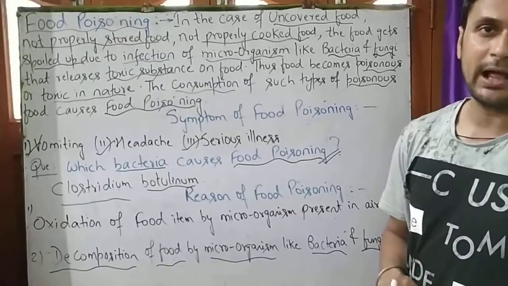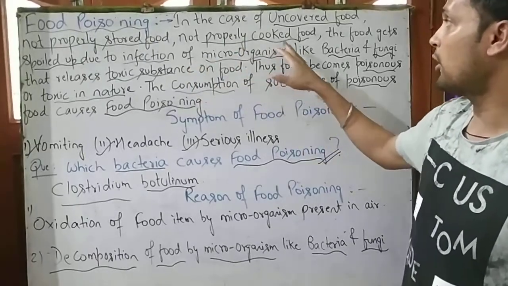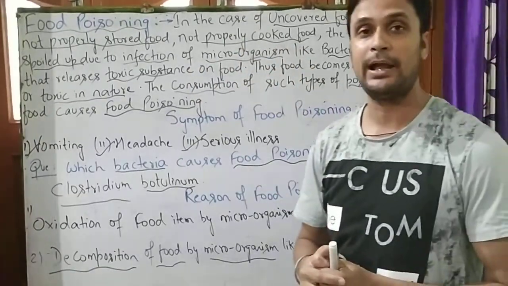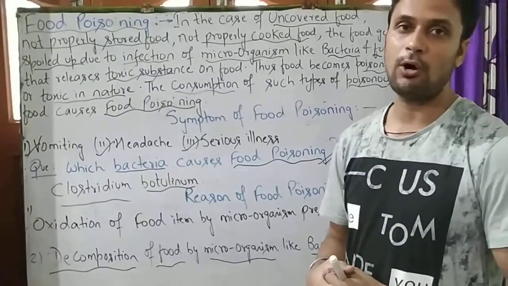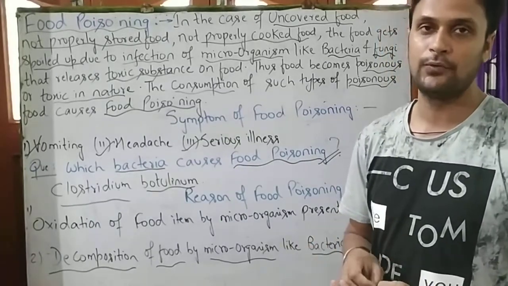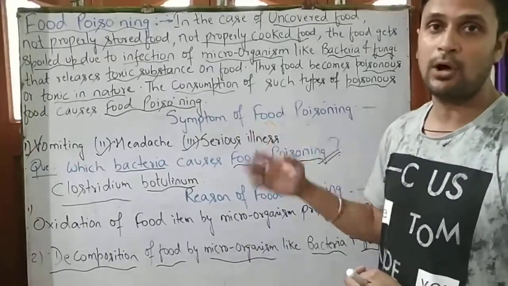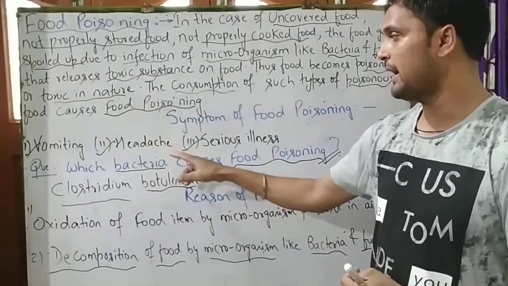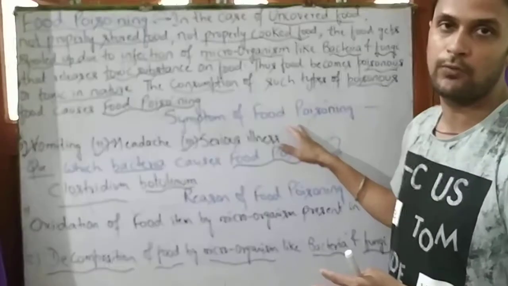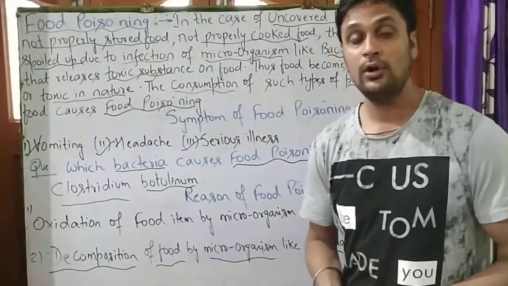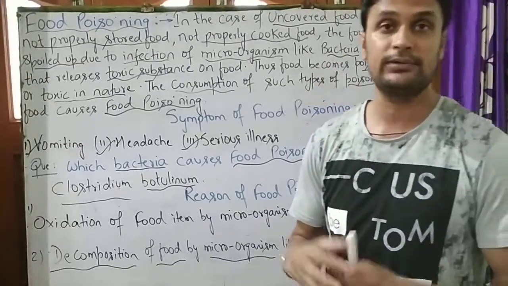So students, now we have understood what food poisoning is. Uncovered, not properly stored, or not properly cooked food is infected by microorganisms like bacteria and fungi that release toxic or poisonous substances in the food, and when we consume such food, food poisoning occurs. The symptoms are vomiting, headache, and serious illness, and sometimes death.